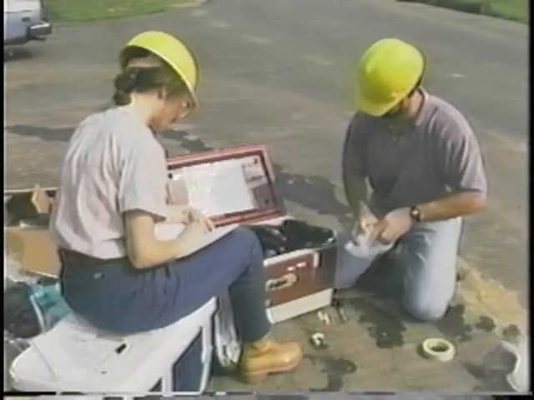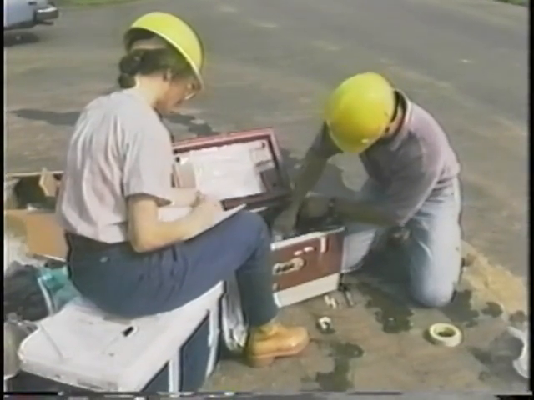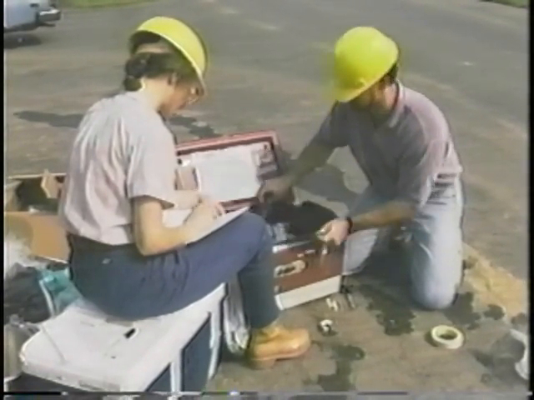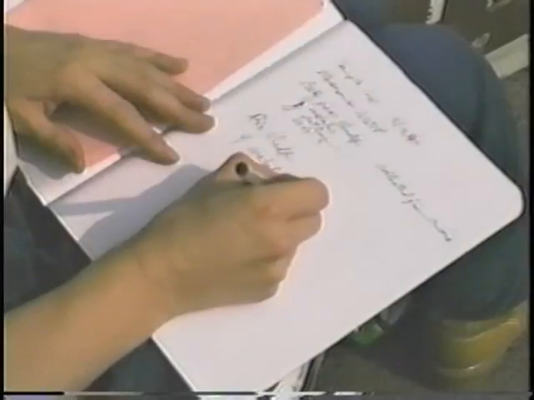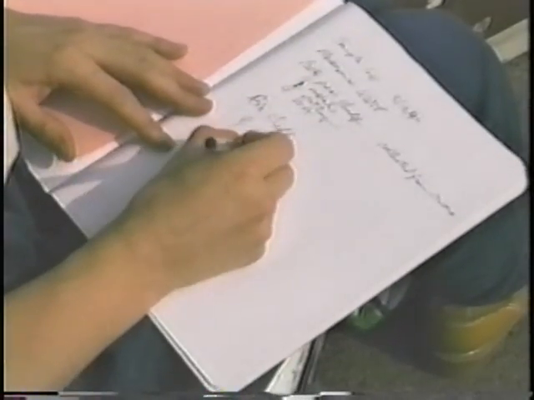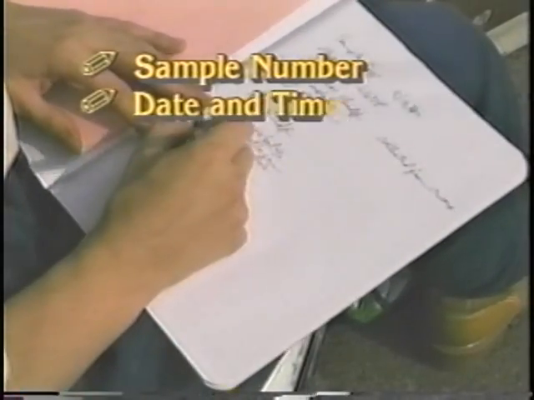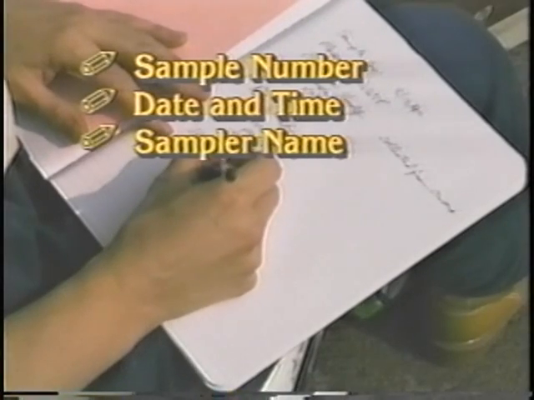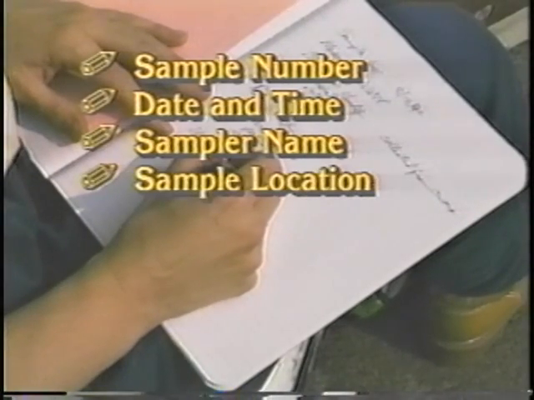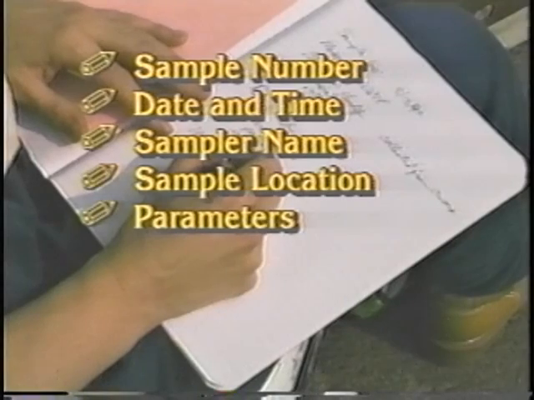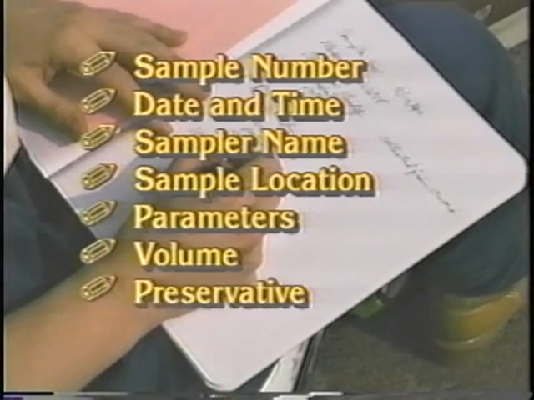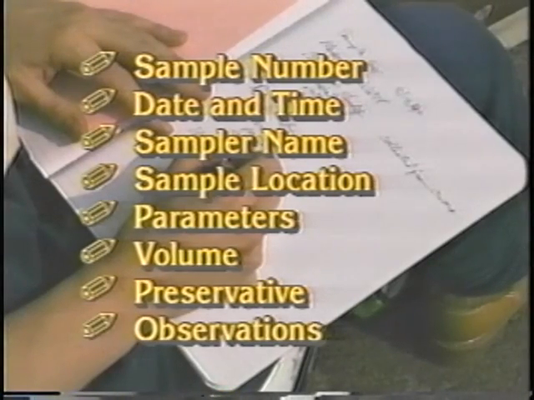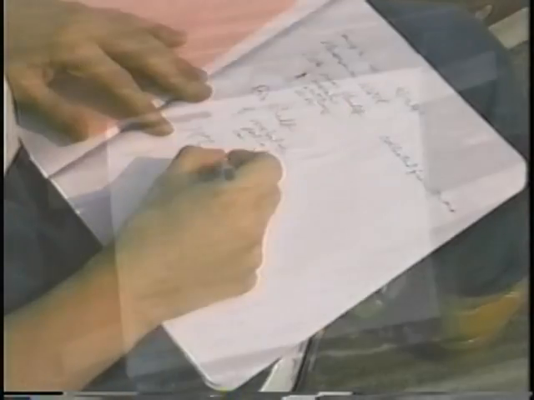In your logbook, make sure you record the facility name and location, the date, arrival time, and the name of the facility contact. For each sample, record sample ID number, the date and time, sampler name, sample location, parameters being sampled for, volume of sludge collected, sample preservation, and any interesting observations about the site or condition of the sludge.